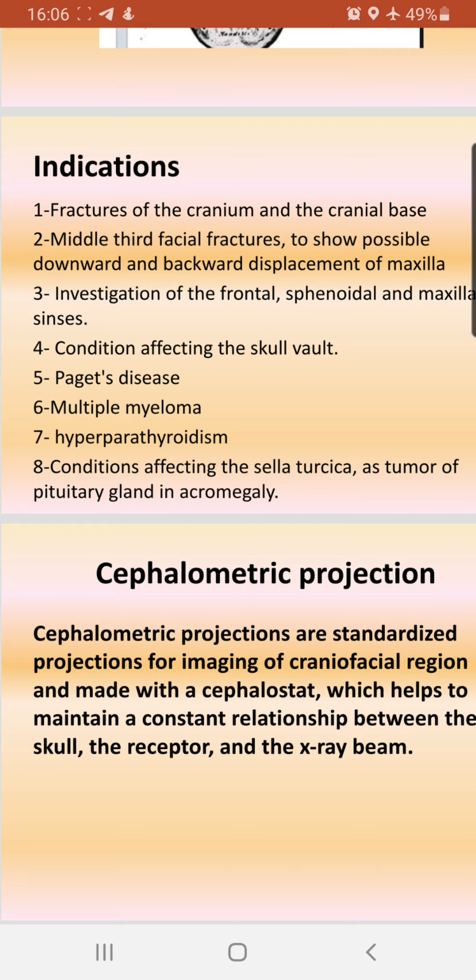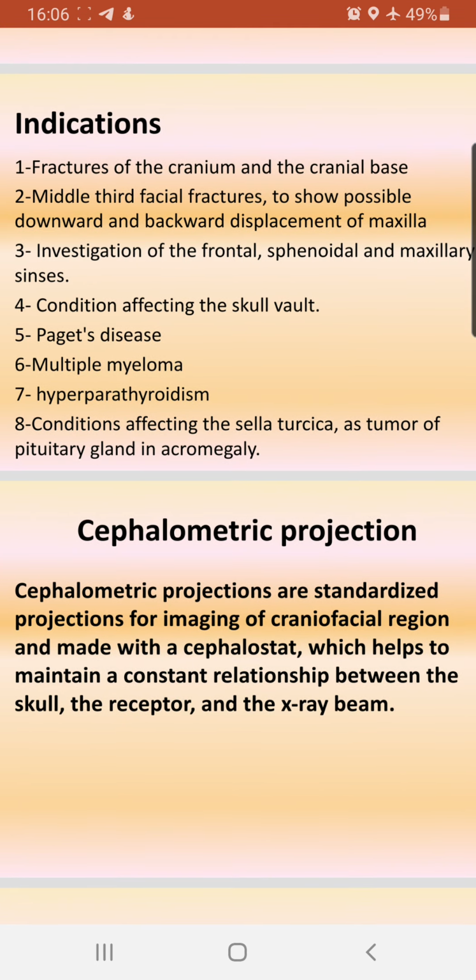Cephalometric projection. Cephalometric projections are standardized projections for imaging of the craniofacial region and are made with cephalostats, which help to maintain a constant relationship between skull, receptor, and the X-ray beam.